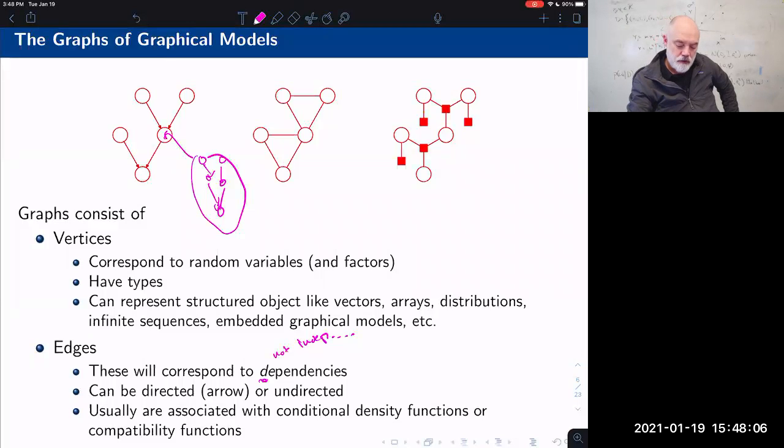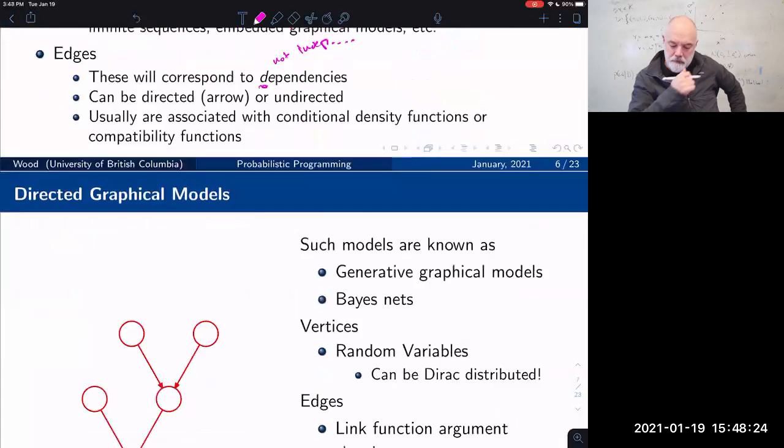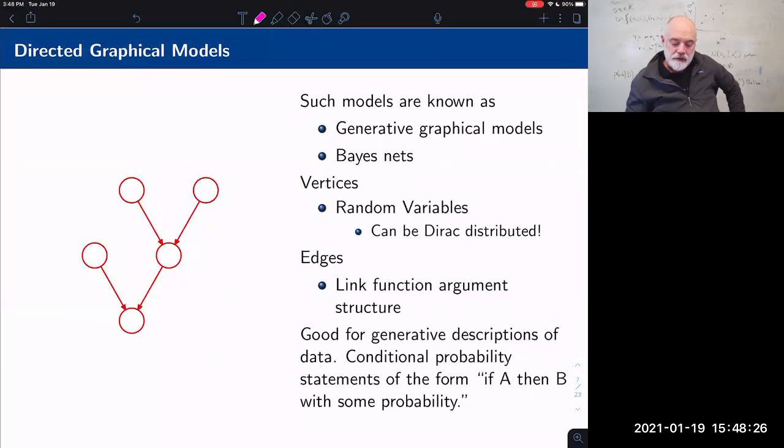And over here, they're usually called compatibility functions or potentials. I prefer potentials, but the vision community sometimes talks about compatibility functions. So directed graphical models have lots of different names. They're known as generative graphical models, generative models, Bayes nets, and so forth.